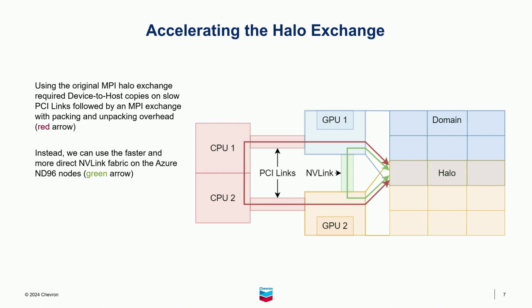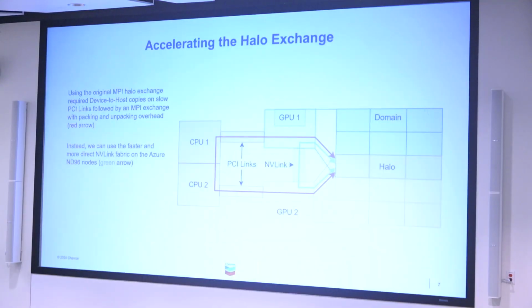That involved copying out the halo data over the PCI link to the CPU, doing the MPI exchange with packing and unpacking, and then copying it back to the other GPU and putting it into the halo. So of course, the way to fix this, at least on the Azure 8-way nodes that we were using, was to take advantage of the more direct NVLink fabric, which is a lot faster, with way less packing and unpacking necessary.